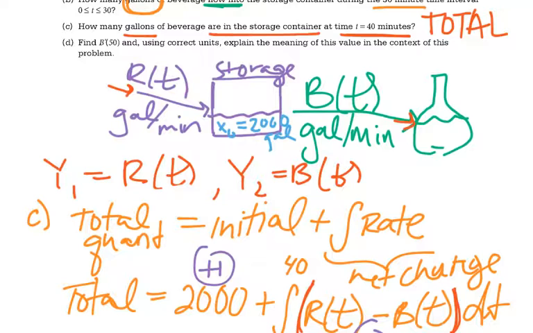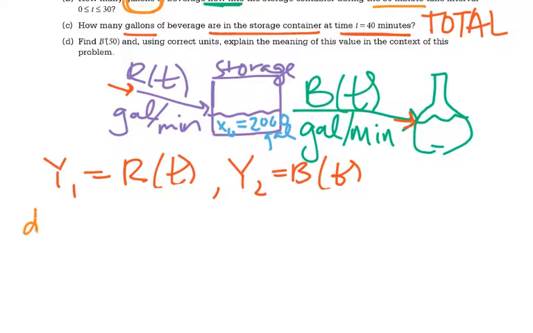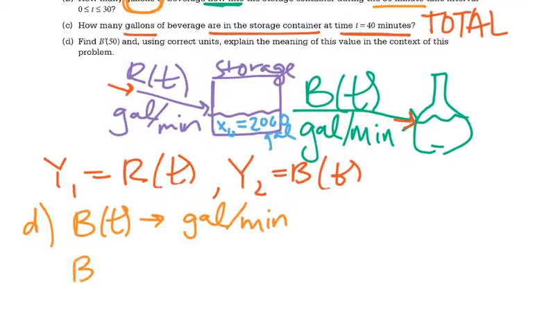D asks us to find b prime of 50 and, using correct units, explain the meaning of this value in the context of the problem. So let's first remember that b of t is measured in gallons per minute. If we take the derivative of that, it's finding the slope of that original graph.